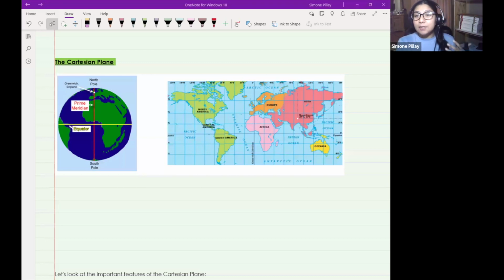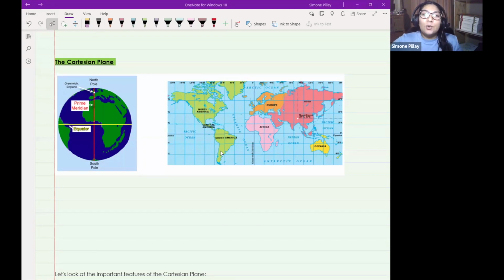And so this is something new that you guys haven't really seen before, but as much as it's a new concept, the principles of what we call the Cartesian plane are very, very similar to what we already know. And so let's first start with looking at these pictures that I have up here. We have a picture of the globe over here, and then we have a map.